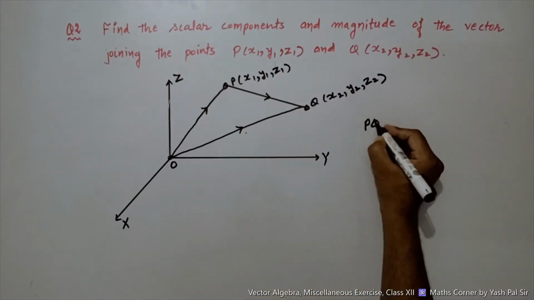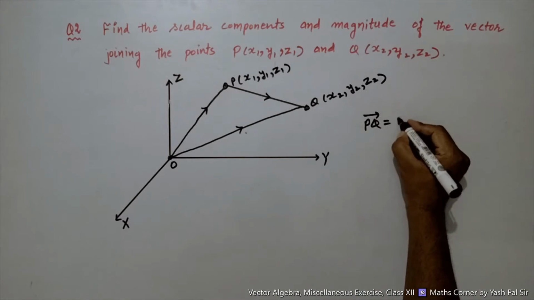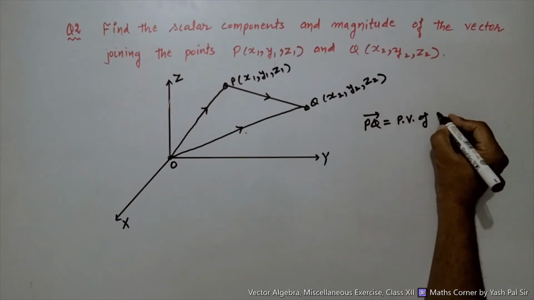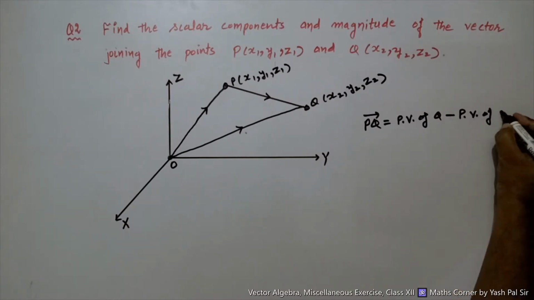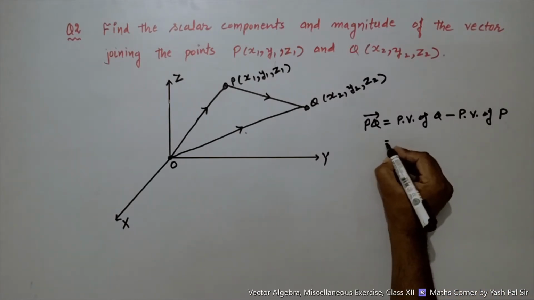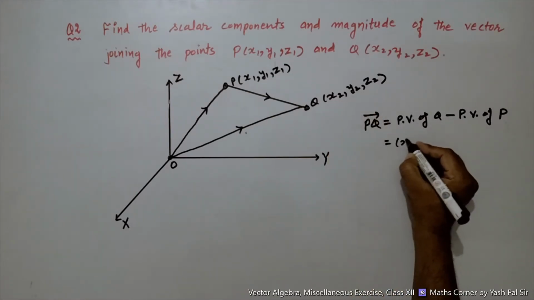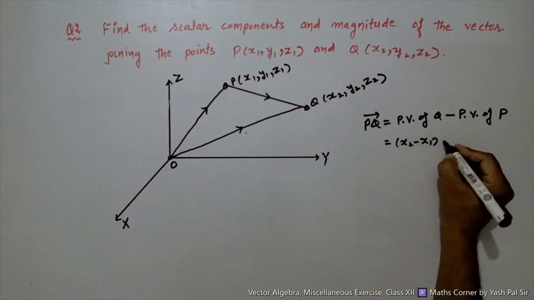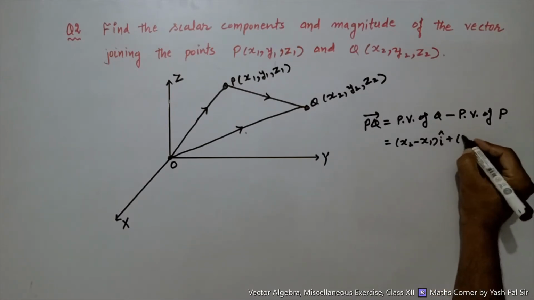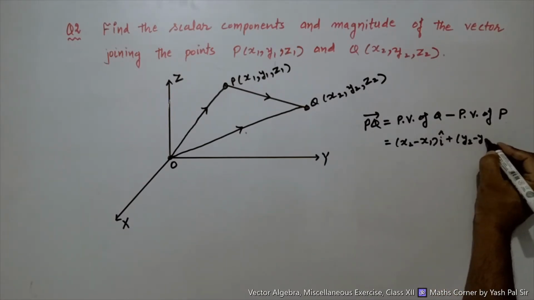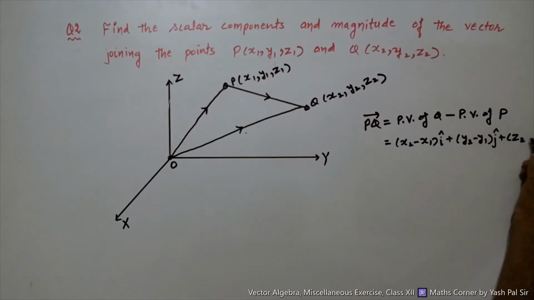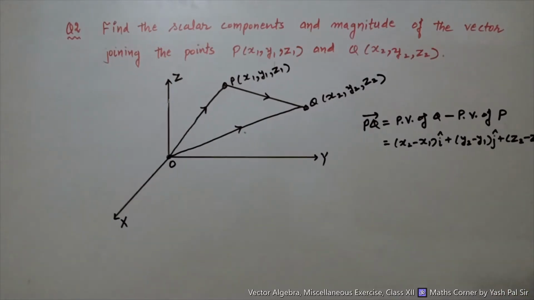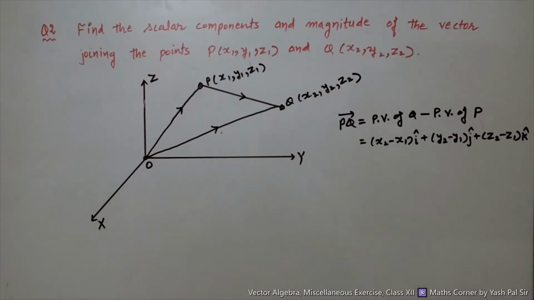So PQ vector is equal to position vector of Q minus position vector of P. So this becomes x2 minus x1 i cap plus y2 minus y1 j cap plus z2 minus z1 k cap, right?